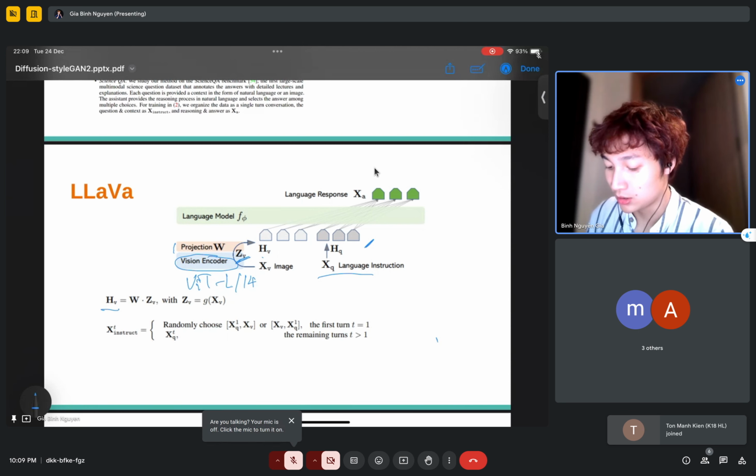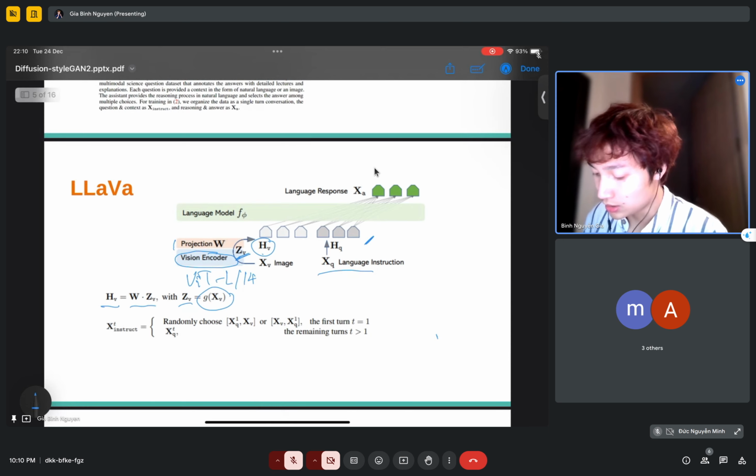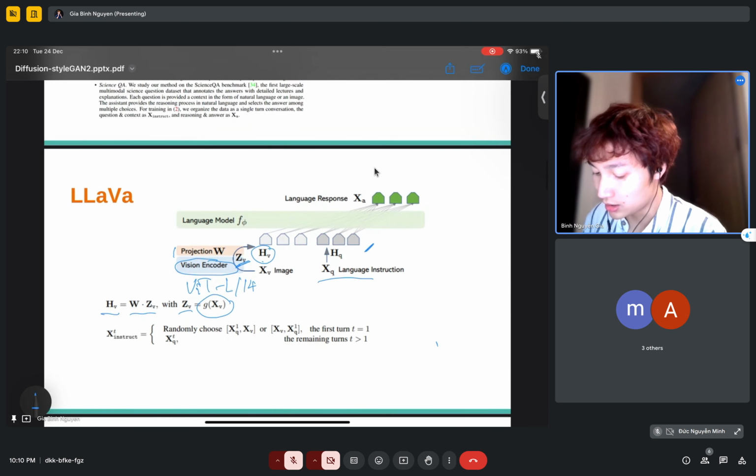The vector H_V is computed by W multiplied by Z_V, where Z_V comes from the vision encoder, and this is the function g of X_V. And here is the data, X_T.